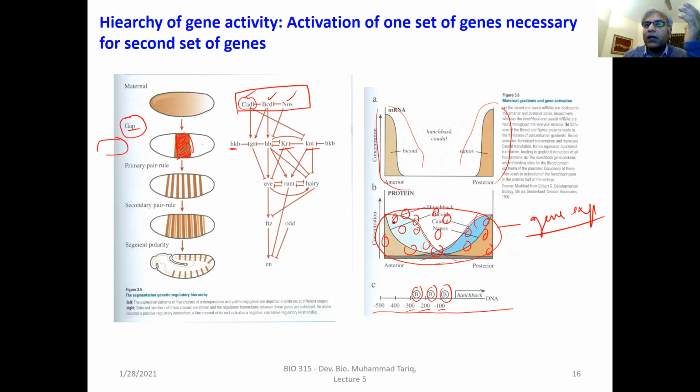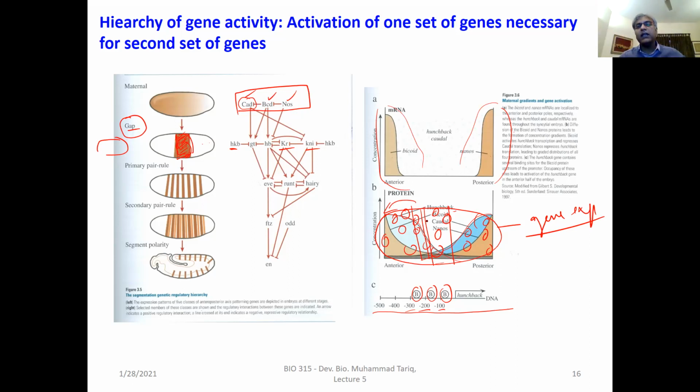A high concentration of bicoid will bind to not only hunchback, but to hundreds of other genes. And a low concentration of bicoid, which is, let's say, here or here, as compared to this region, these nuclei will be committing to different fates in the long run.